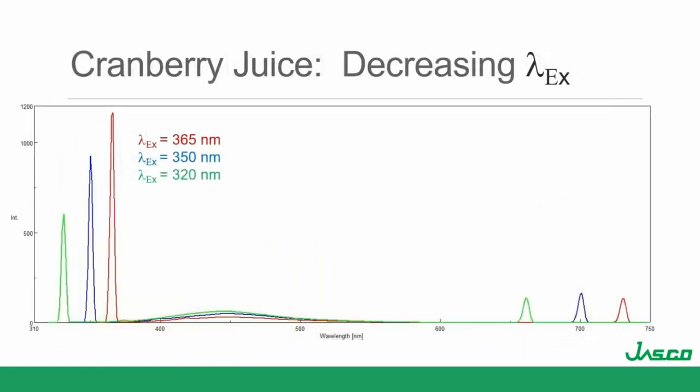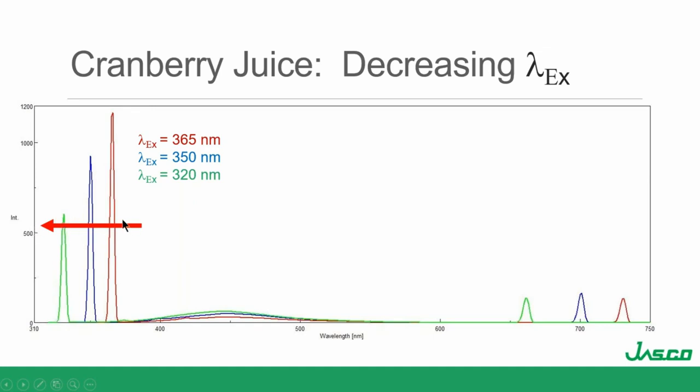We're going to run the scans at different excitation wavelengths. That's what you see here. I've run the scans at 365, 350, and 320 nanometer excitations. You see them in the colors. As I decrease the excitation wavelength, notice that these bands shift.